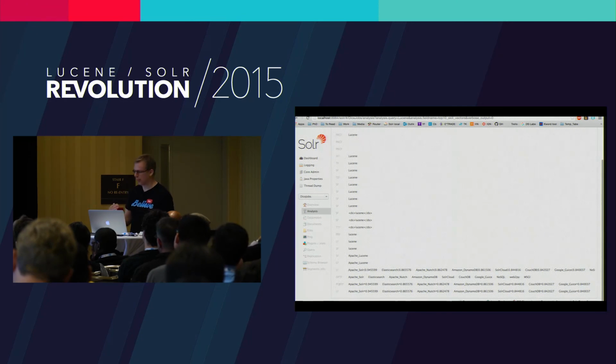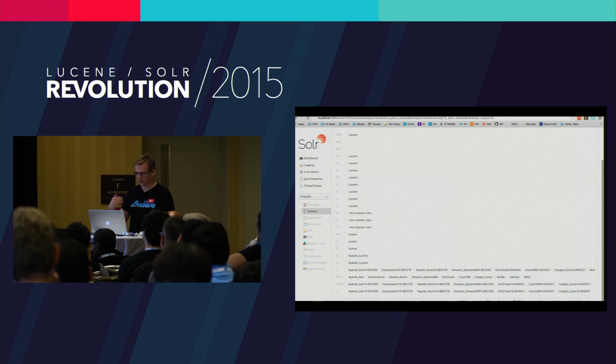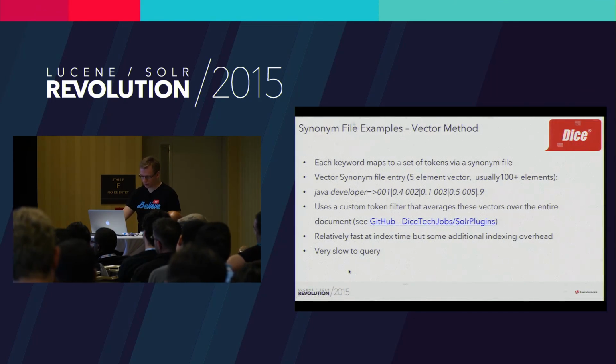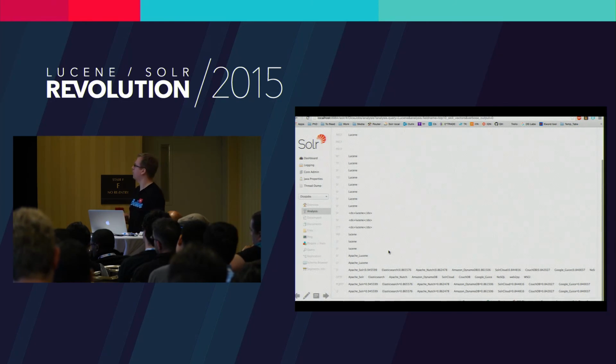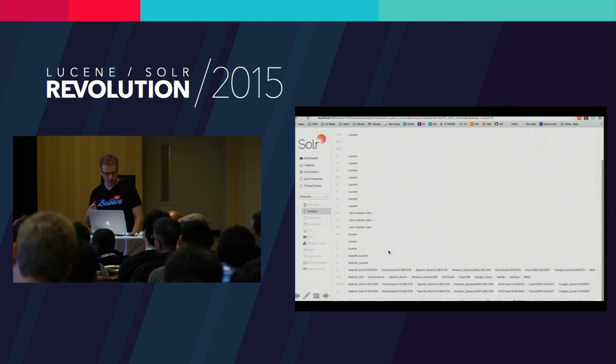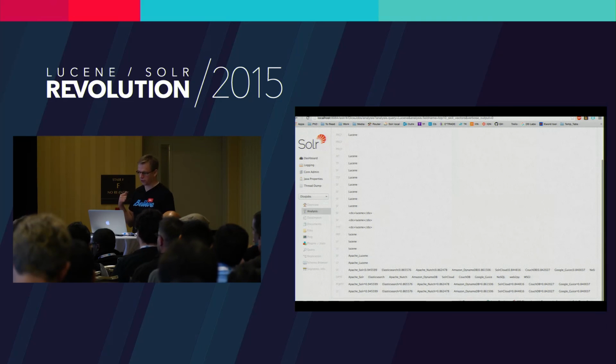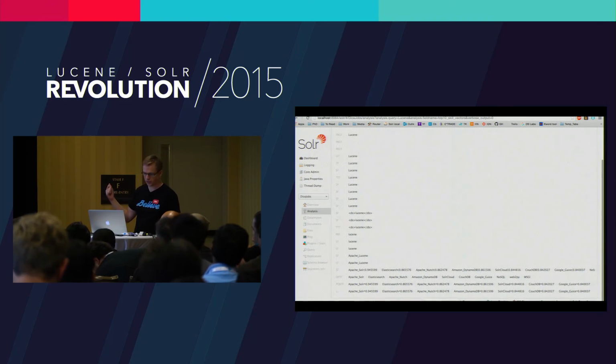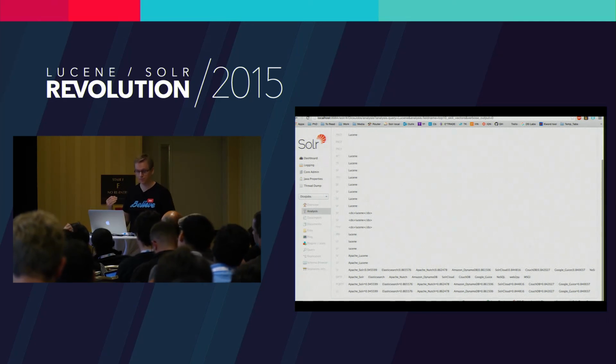So what does this look like in the analysis chain? Again, I'm using a synonym filter and a type filter to extract and normalize the term Lucene. And then at the bottom here, you'll see the bit I'm now talking about. There is a synonym mapped for Apache Lucene that maps to a set of top n terms in this instance. And each of those has a payload associated with it.